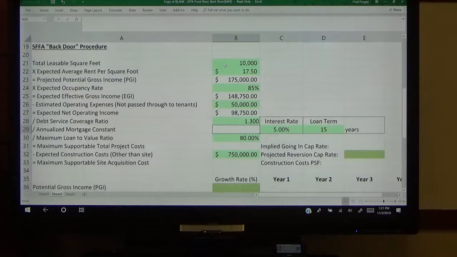Then down here, to get our annualized mortgage constant, same thing that we did previously, which is equals PMT, open parentheses, take our rate divided by 12, comma, our term multiplied by 12, comma, $1 as our present value, close parentheses.